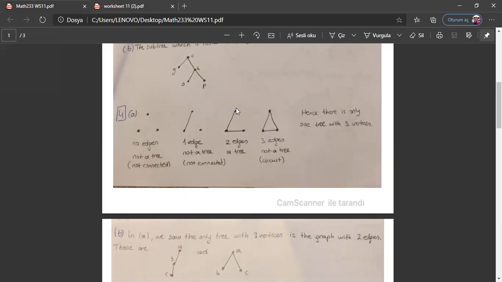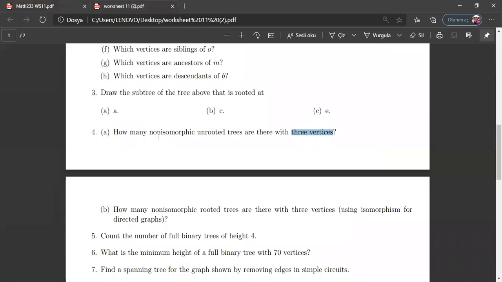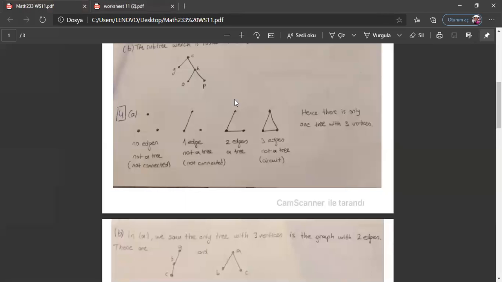Then all trees that have 3 vertices are isomorphic to this one. Okay, so there is only one non-isomorphic tree which has 3 vertices.